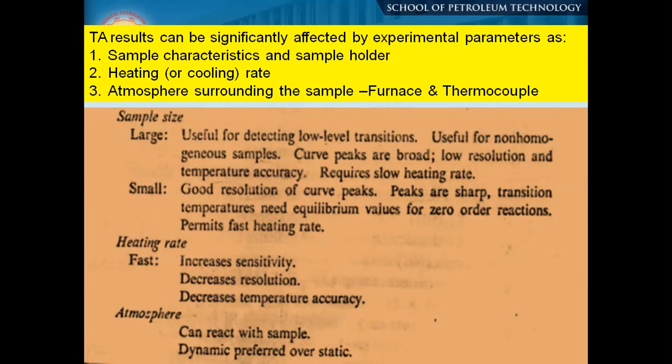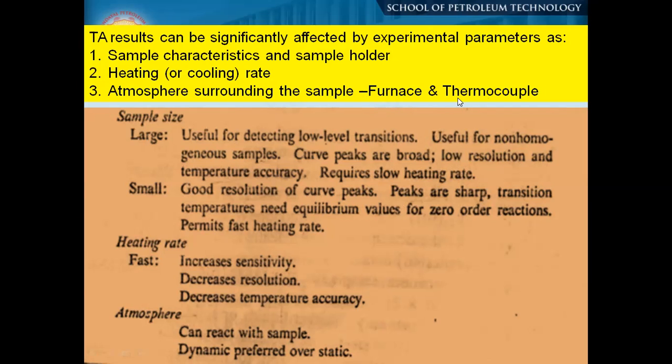Okay, so heating and cooling rate. Generally we prefer a lower heating or cooling rate, so that the heat input in the system is homogeneous and is reflected immediately in the thermocouple data. Then the atmosphere surrounding the sample, that means the furnace and thermocouple.